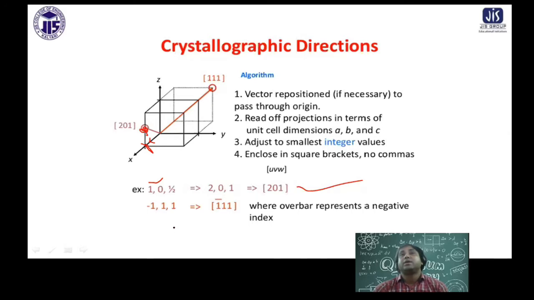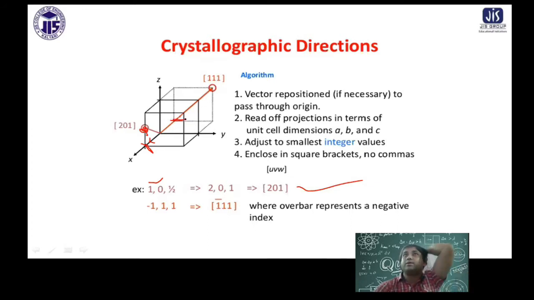Okay. If you choose any other point, the intersection with the x-axis is at -1. Okay, this is -1, y plus 1, z plus 1.